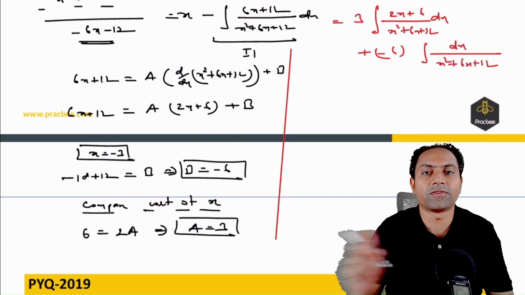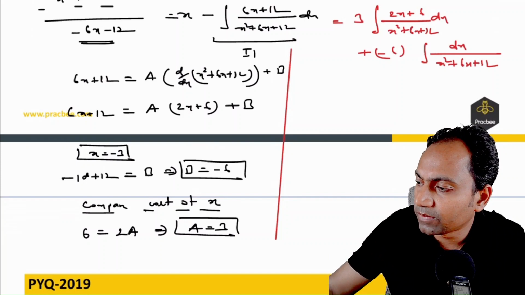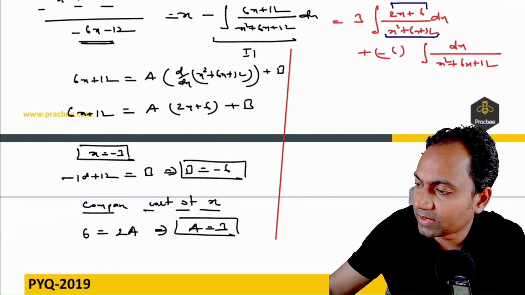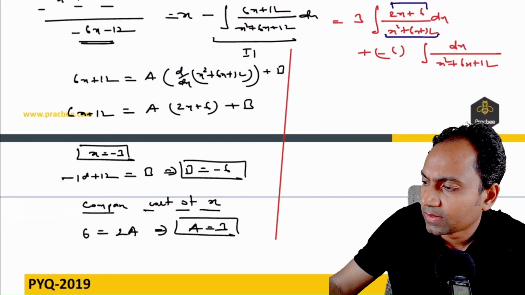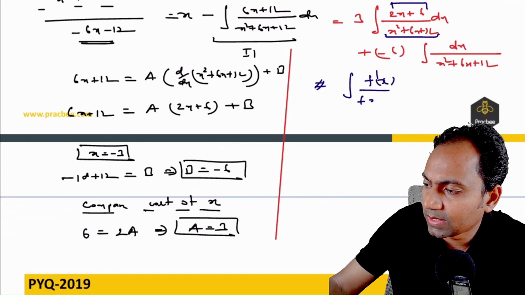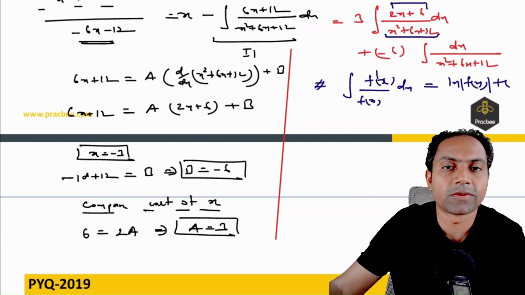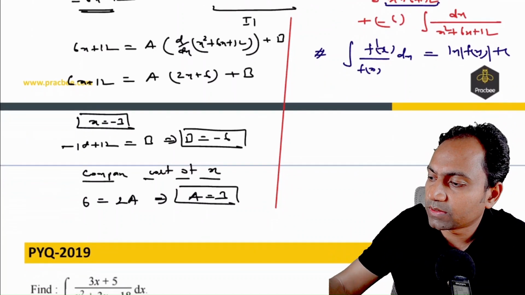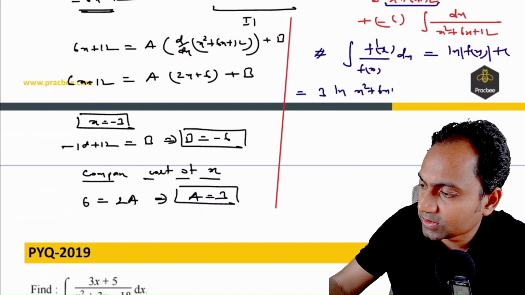Now again it gets converted into two integrals that can be done. In the first integral, we can put the denominator as t, and the derivative is given in the numerator. There is also a shortcut: if we have f dash of x by f of x dx, the answer is log of f of x plus c. If I apply this here, the answer to the first part becomes 3 times log of x square plus 6x plus 12.